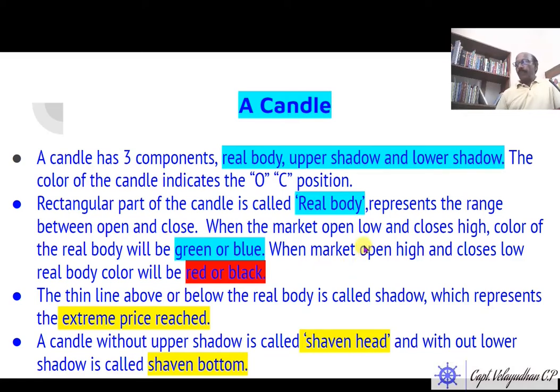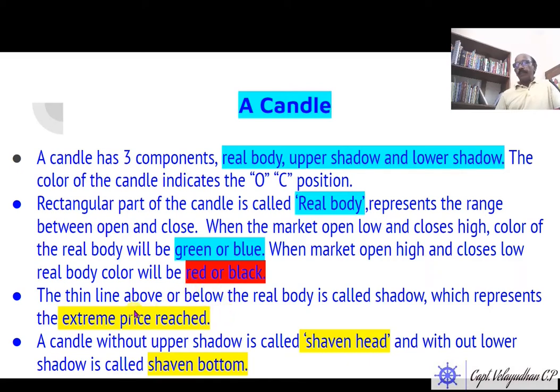When the market opens low and closes high, the color of the real body will be green or blue, sometimes white. When the market opens high and closes low, the real body color will be red or black.